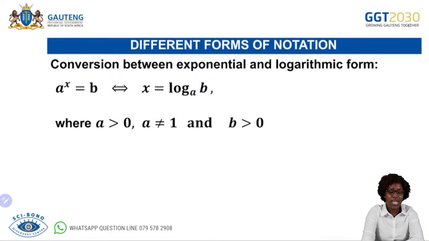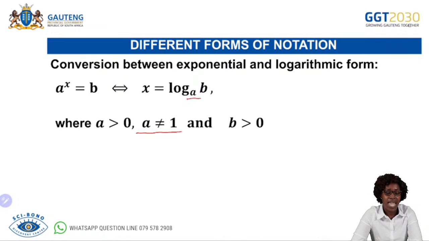Please take note, a should be a positive number. It can never be less than 0. Also, we cannot have a being equal to 1. And then b, the number there, should also be positive. You will all get to understand why we're talking about this.